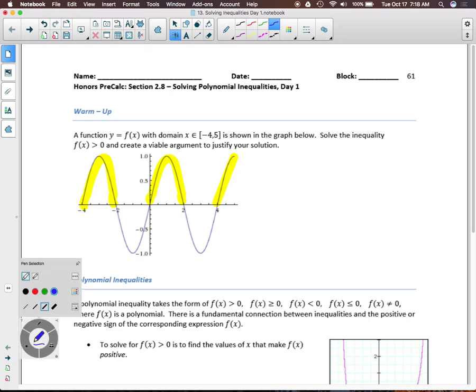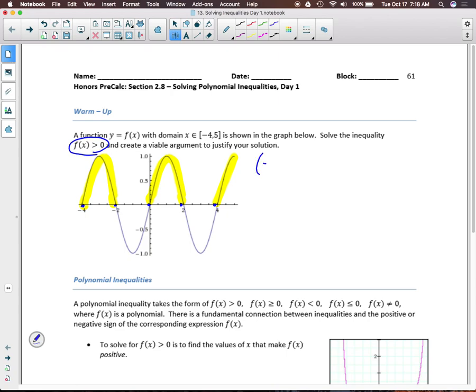So what this is really asking for is for us to list the x values where y is greater than 0. So it actually equals 0 at -4, -2, 0, 2, and 4. So I don't want to include those because this right here is just greater than 0.